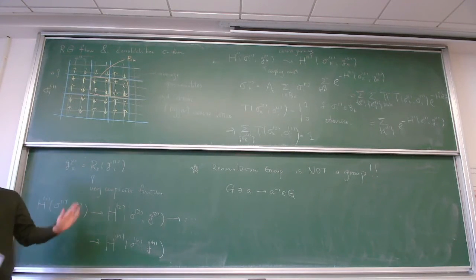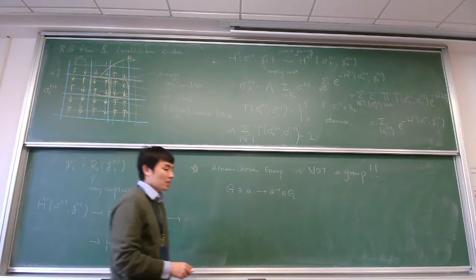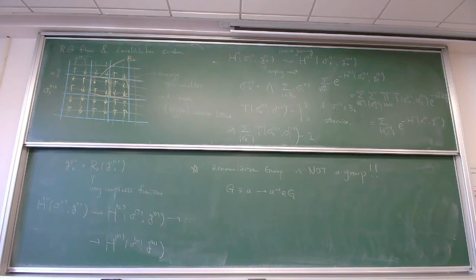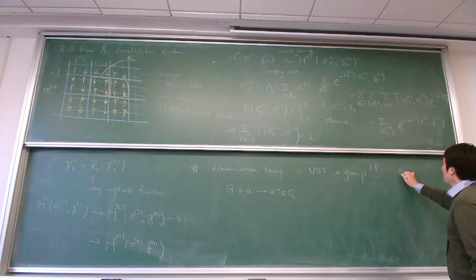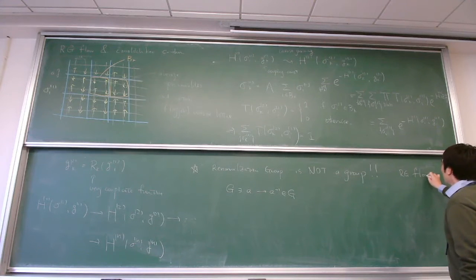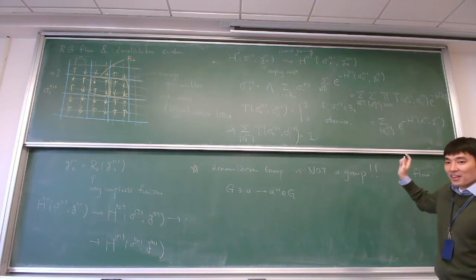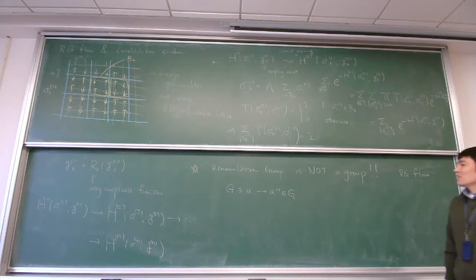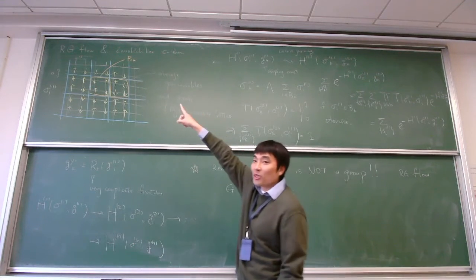But this is not the case, so it's not a group. Physicists mistakenly coined the name. It's better to say RG flow, definitely. I would like to use RG flow instead of renormalization group. That's why I use RG flow over there.